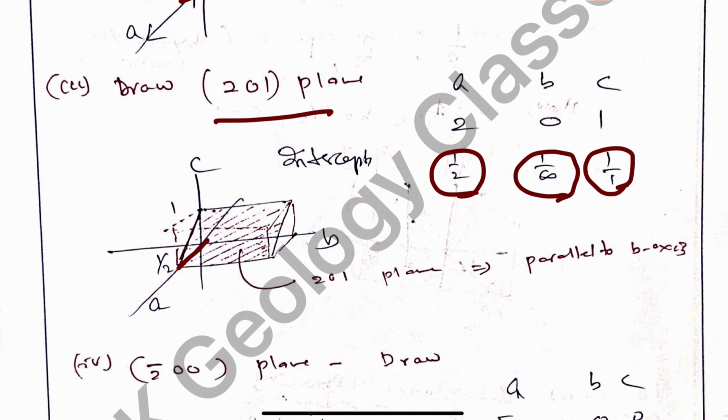Half along a, parallel to b, and cuts c at 1 unit. So a and c are joined, and they are parallel to the b axis. That's why this is the plane.